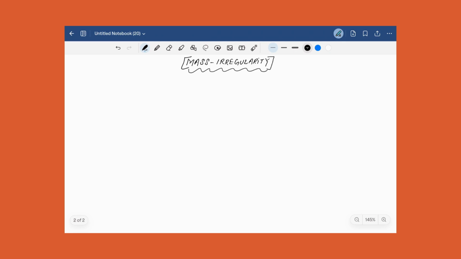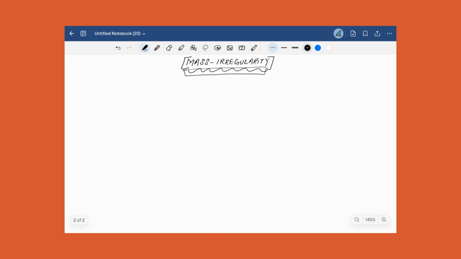Today I am going to discuss mass irregularity. Okay, so let us discuss. Firstly, we should know what mass irregularity is. When you start the analysis of structures, there are different types of provisions. You have to check whether your structure is safe or not. So in that we generally check for the soft story.